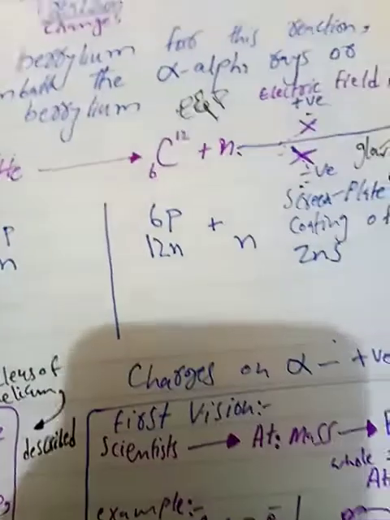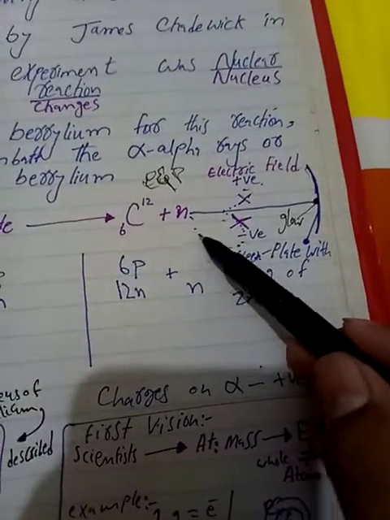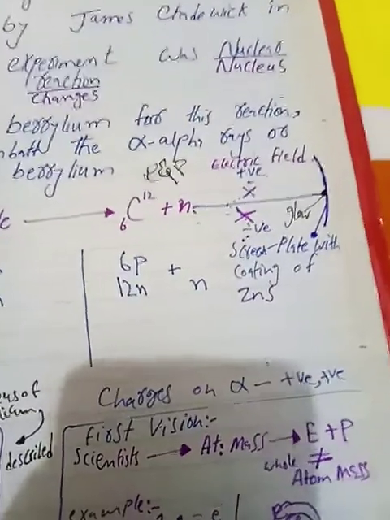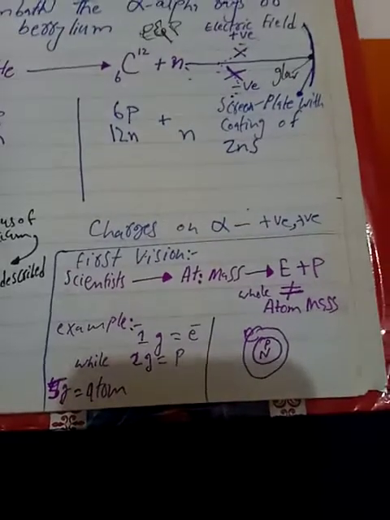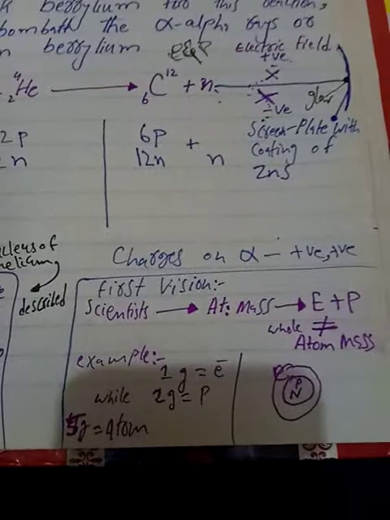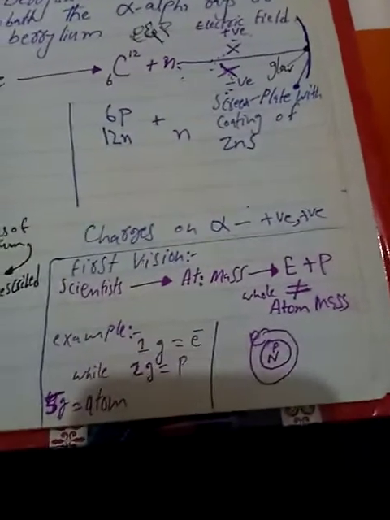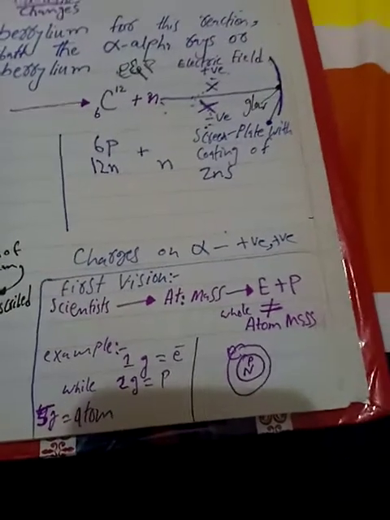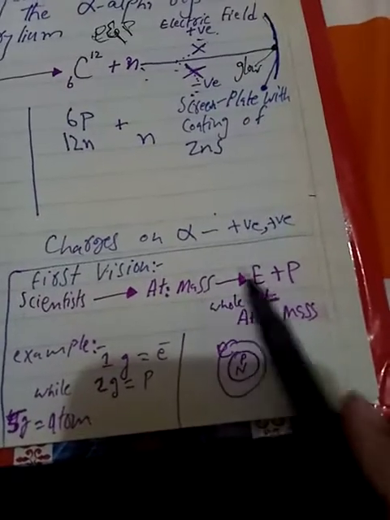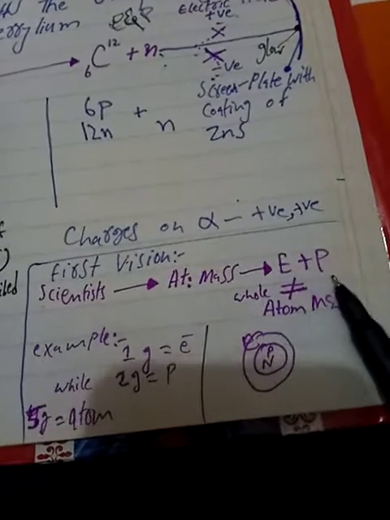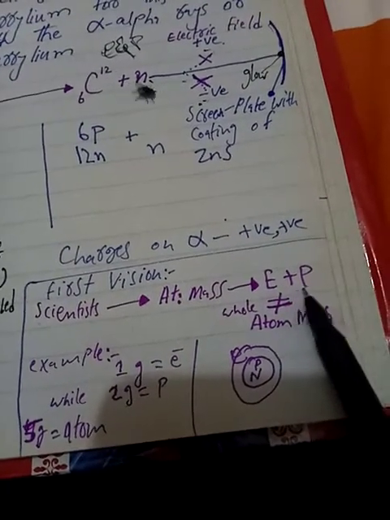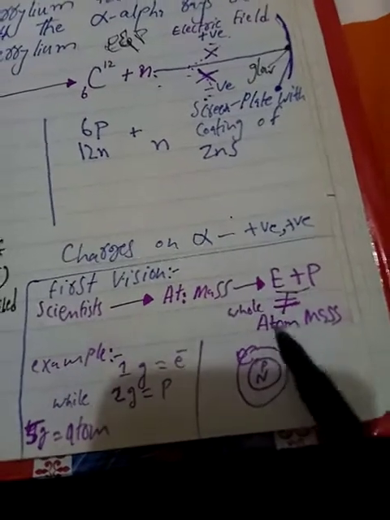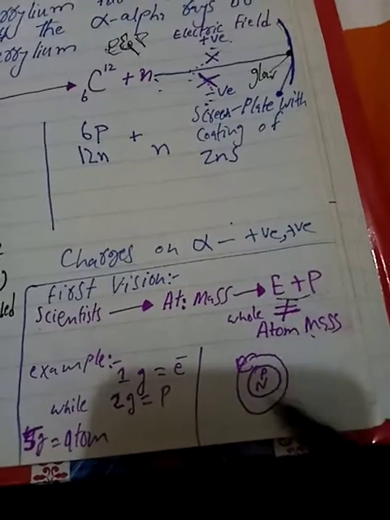But the first vision was another thing. At the first vision, scientists were finding the different items of atomic mass, adding electron and proton, and the sum of the electron and proton was not equal to the whole atom mass.